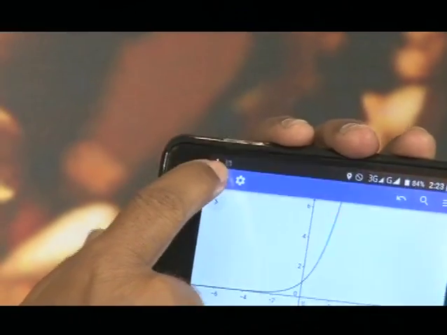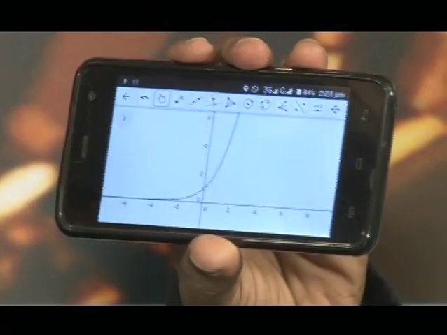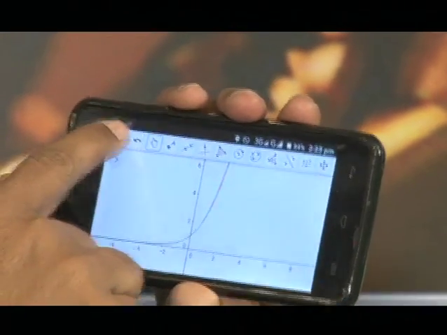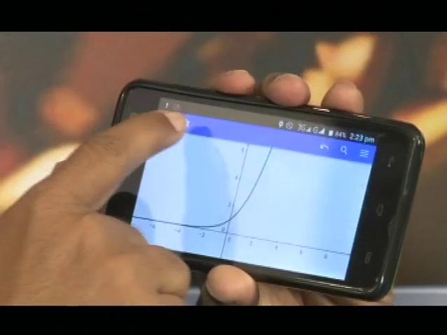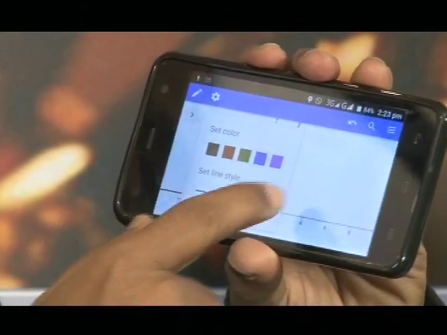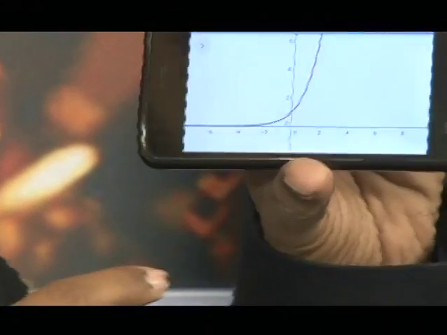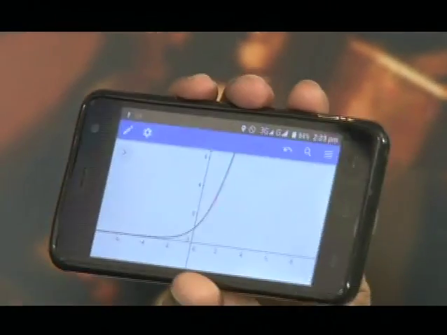Friends, here I can use some more commands or options, if you are interested you can use them afterwards, right. Suppose I want to change the color of the graph, I can change the color of the graph, right. I hope now you can observe an exponential function in a different color, right.